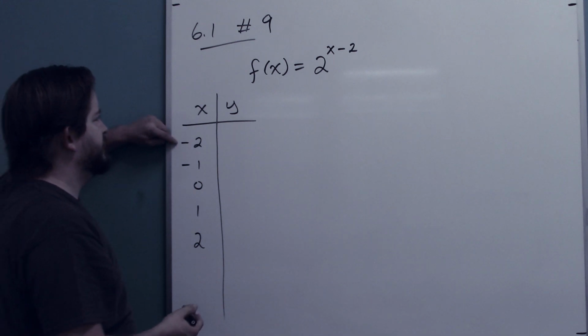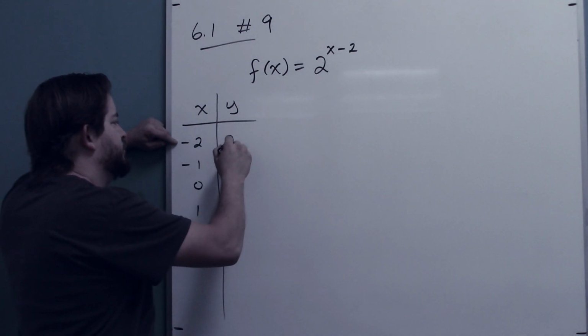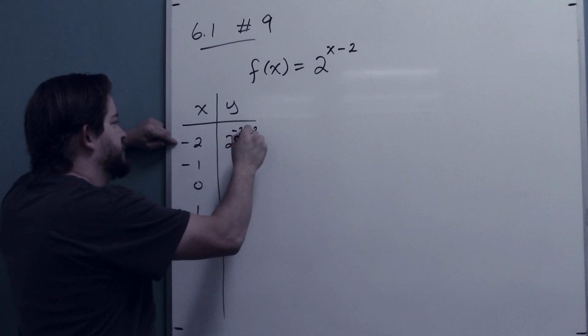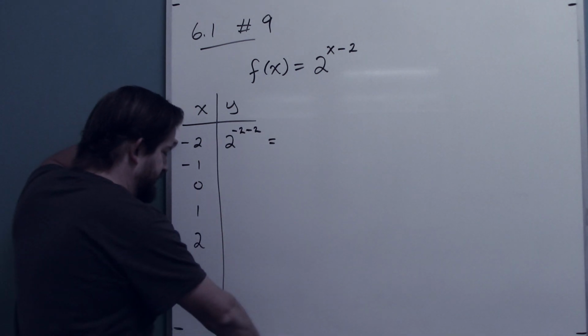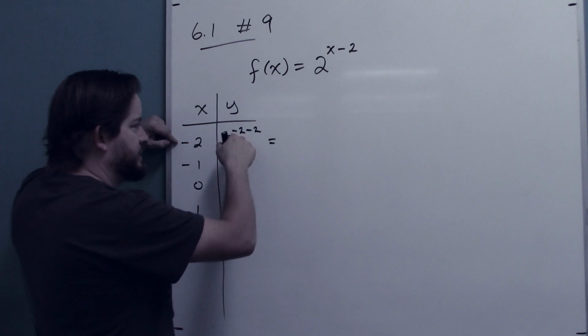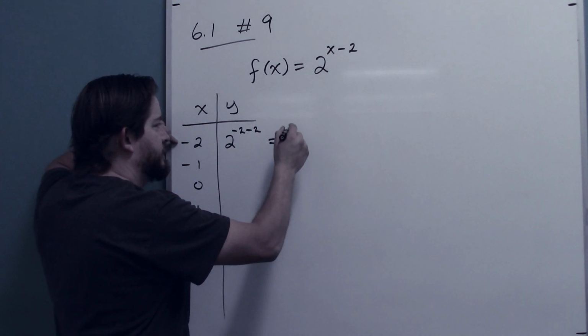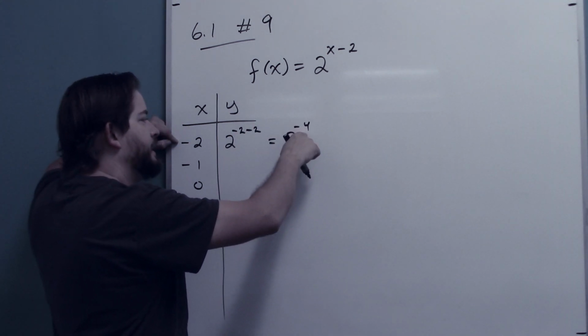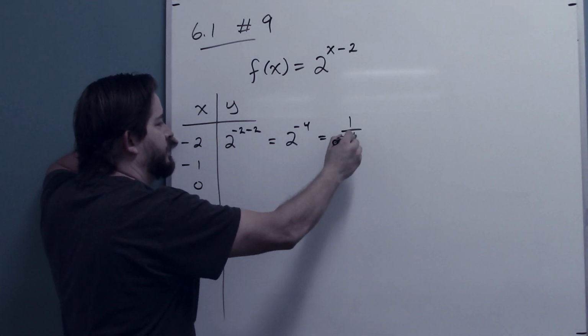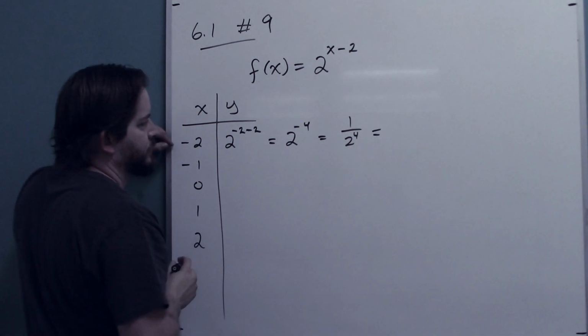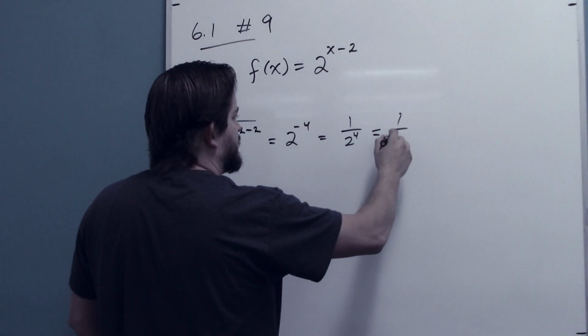But if x is negative 2, then I get 2 to the negative 2 minus 2. And remember, all of this exponent is like it's in its own little parentheses. So this is 2 to the negative 4. I'll figure out that exponent first, and then apply the exponent, but this is 1 over 2 to the 4th. And that's all 1 over 16. Very small number.